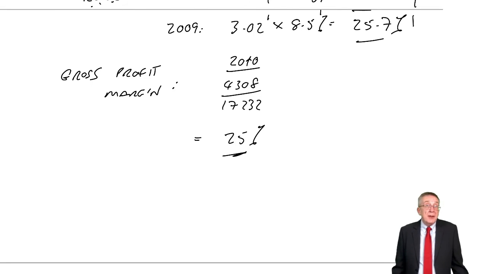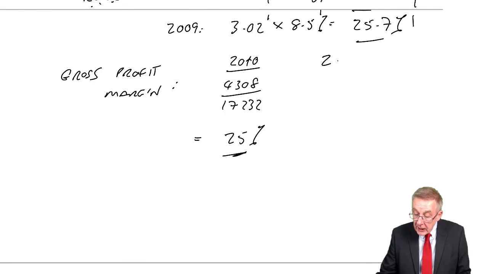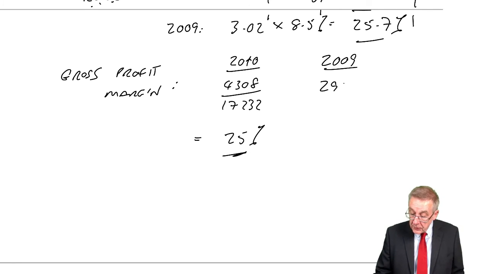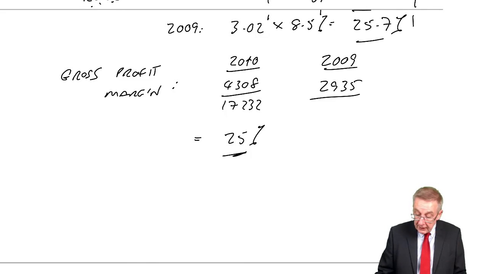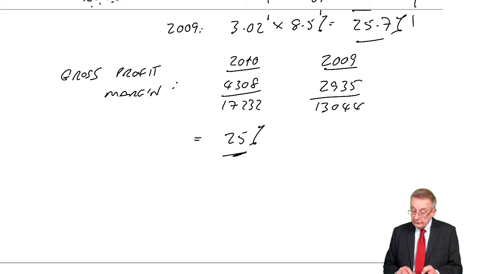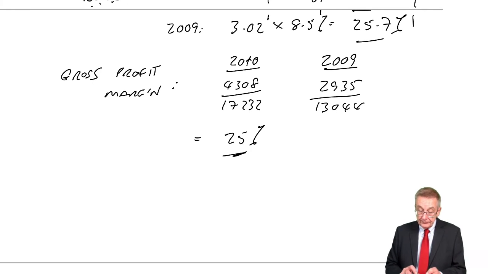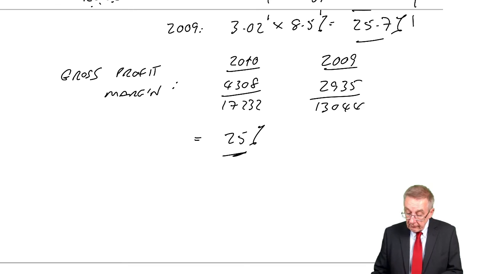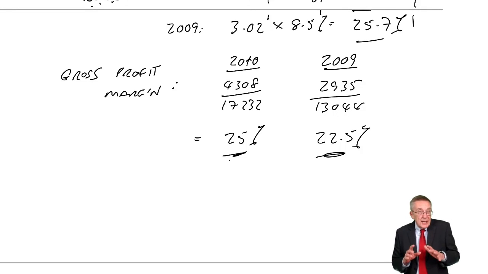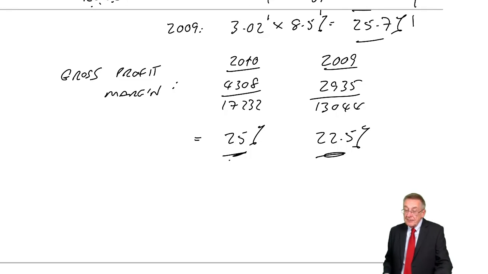I can't say whether that's good or whether it's bad. Compare with last year. Gross profit lower at 2935, but the sales lower at 13,044. As a percent, 22.5%. So we have increased it, albeit only by a little bit, but it has gone up.